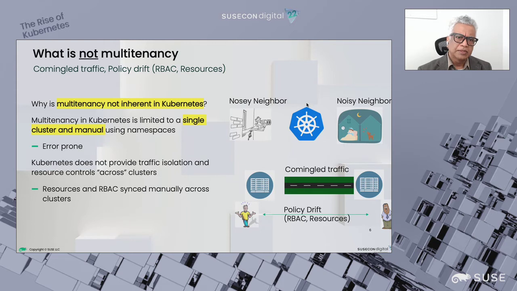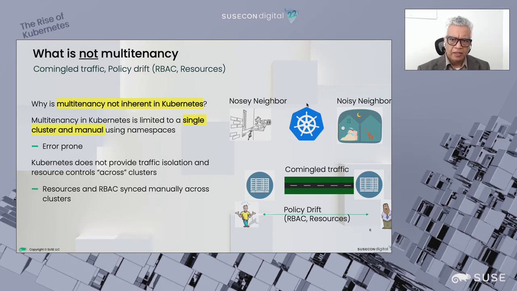Now, that brings us to another question, which is, how do you know what is true multi-tenancy? So let's start with what is not multi-tenancy. For example, in Kubernetes, all you have is the notion of a namespace, and that might help you to some extent. But it's not enough, because you need to not have commingled traffic. You need to have resource controls, and all of this has to be handled not only in a single cluster but on multiple clusters.